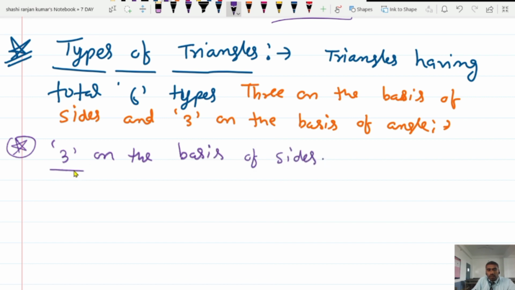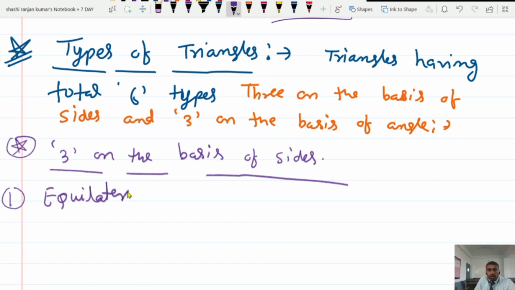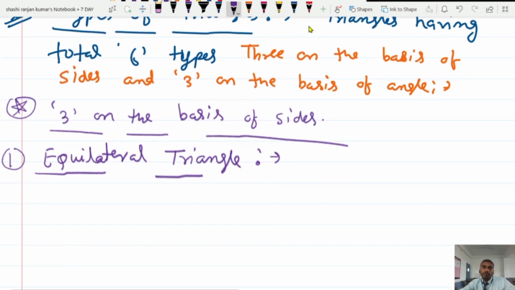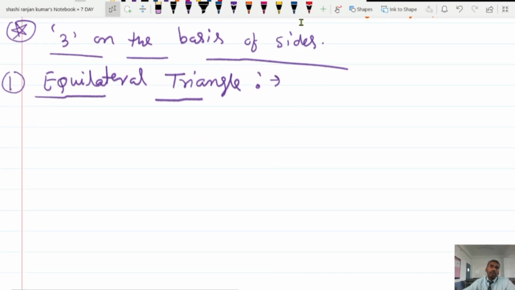In this, the first one is the equilateral triangle. Now see, what is an equilateral triangle actually? Can you tell me?